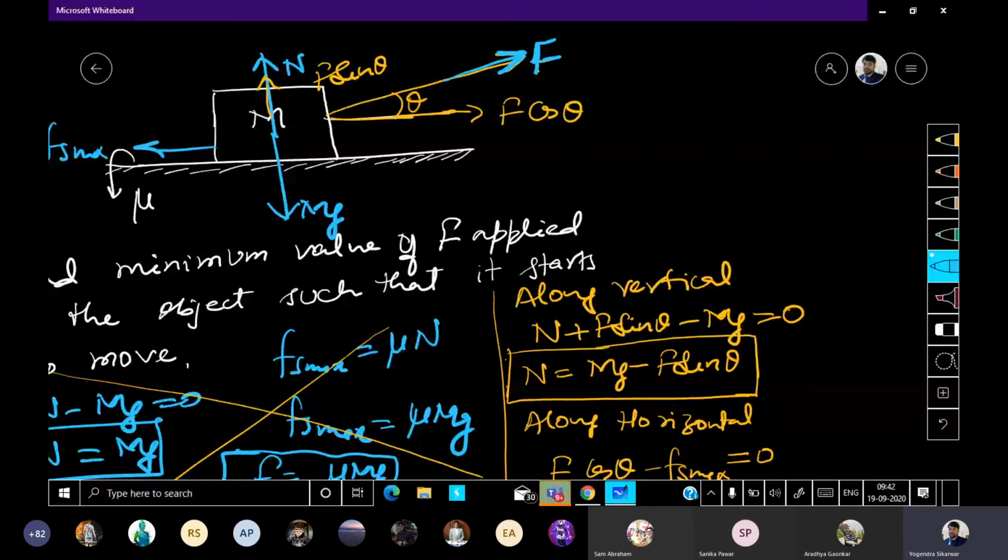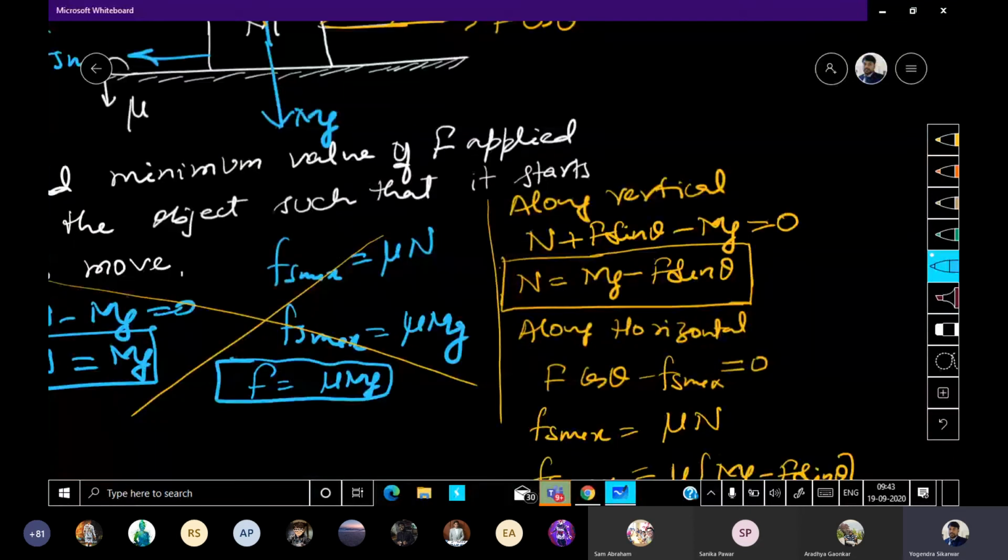Along vertical, N is acting upward, F sin theta is acting upward, and mg is acting downward. So N plus F sin theta minus mg becomes 0. N comes out to be mg minus F sin theta.